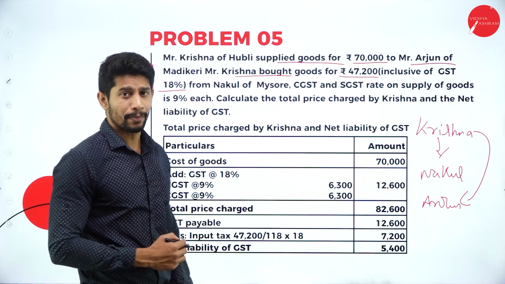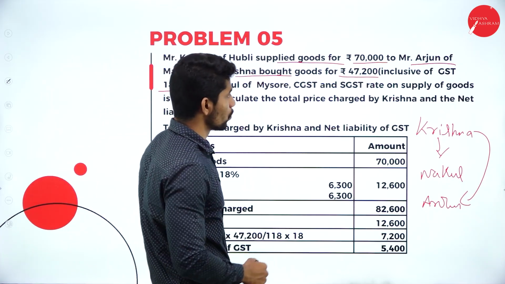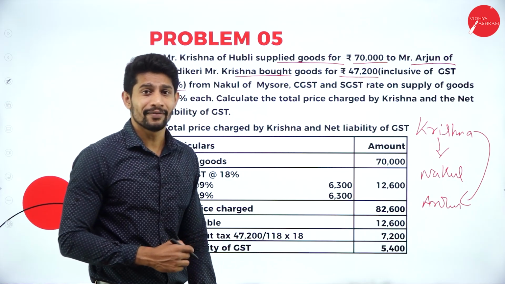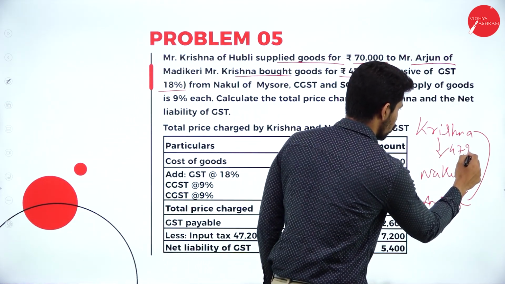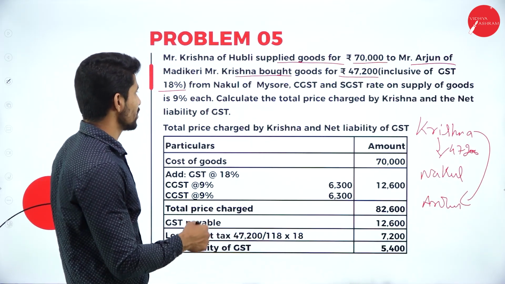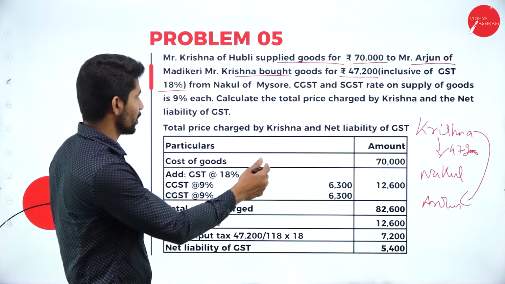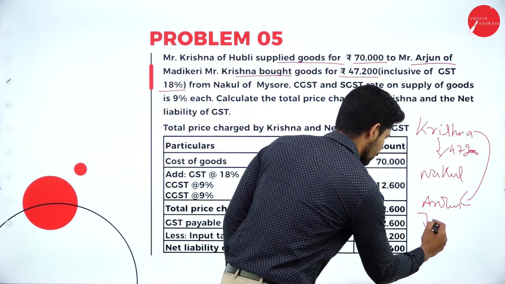So for what price Krishna bought goods from Nakul? From Nakul he purchased the goods by paying 47,200. Okay, he paid 47,200 and he sold the same goods to Mr. Arjun for rupees 70,000.